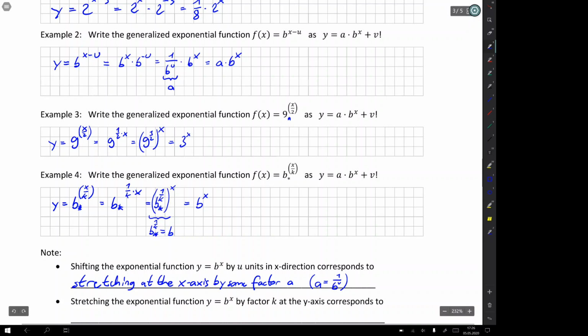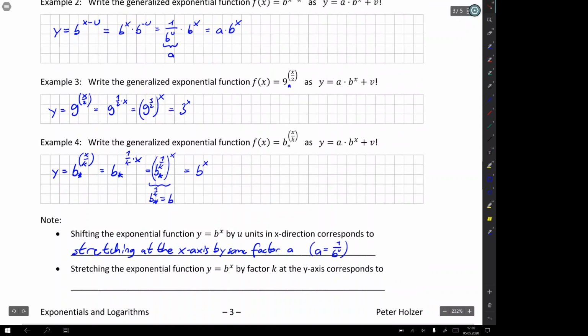When we look at this x divided by k, dividing by k means stretching at the y-axis, and this corresponds to switching the base of our exponential function from b star to some b.